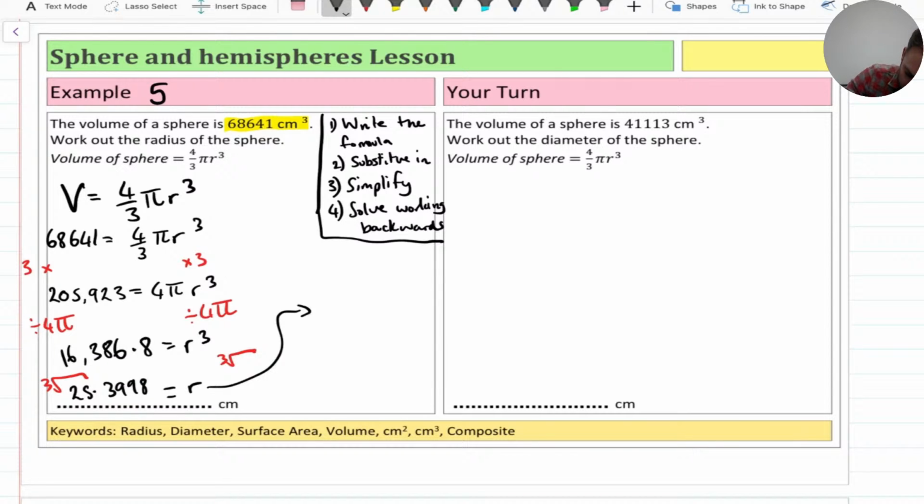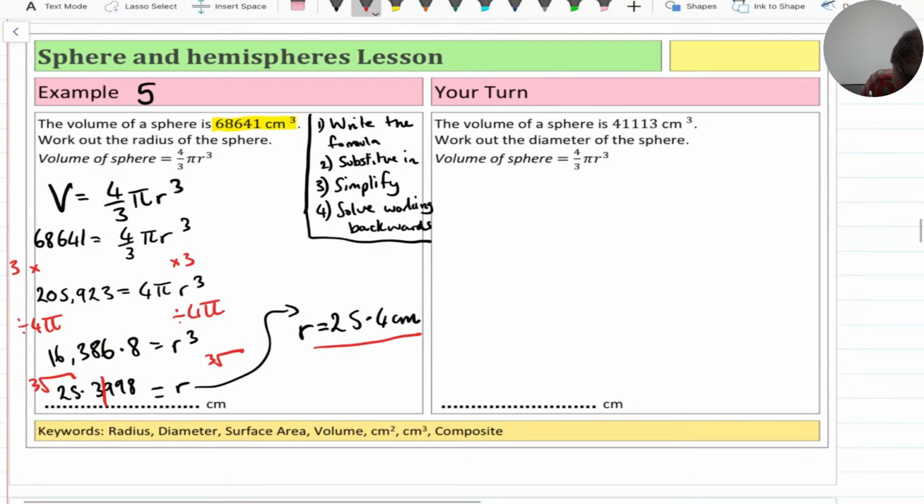Now remember, I need to round this to 1 decimal place. This one here is going to be equal to, my radius is equal to 25.4 centimeters, like so.